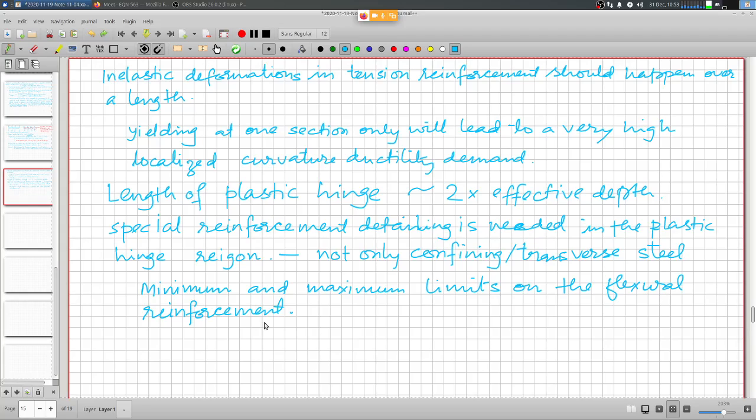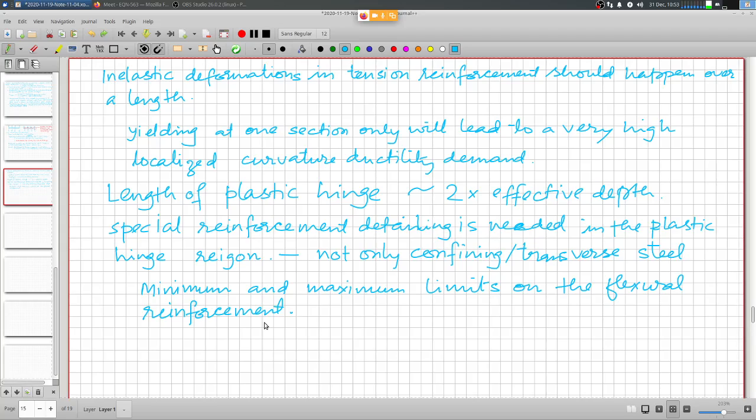And maximum flexural reinforcement is again required to ensure that a certain minimum amount of curvature ductility is guaranteed. Too much reinforcement obviously will not allow any ductility to develop, and that will be counterproductive for energy dissipation in earthquake resistant construction.